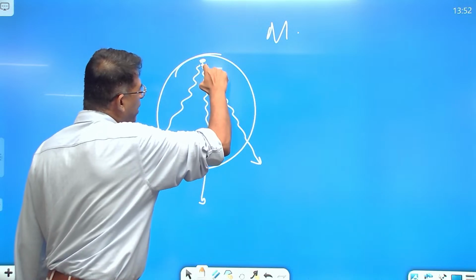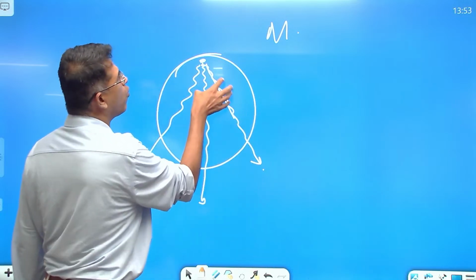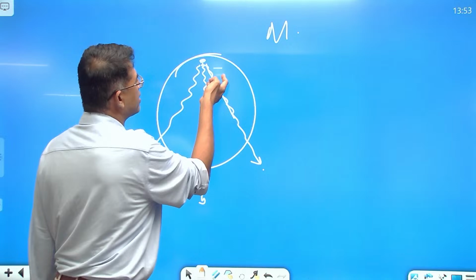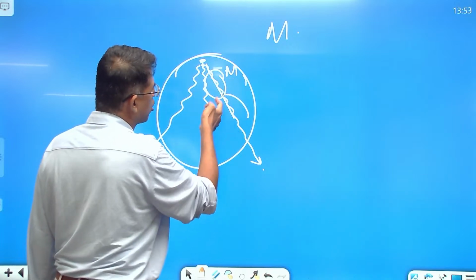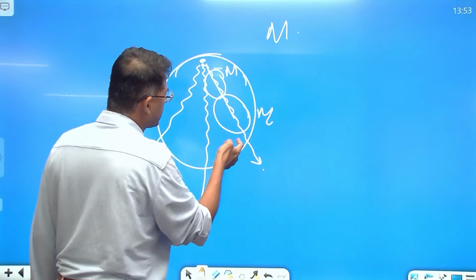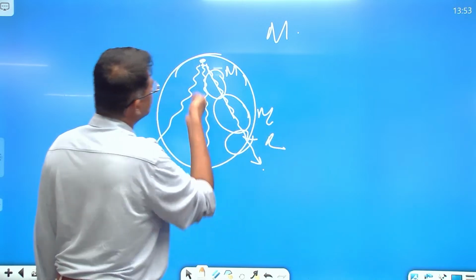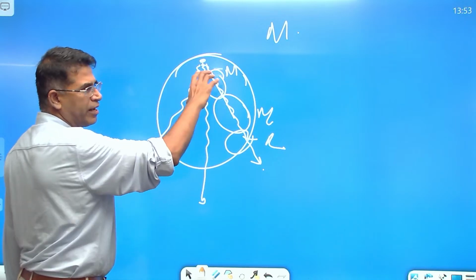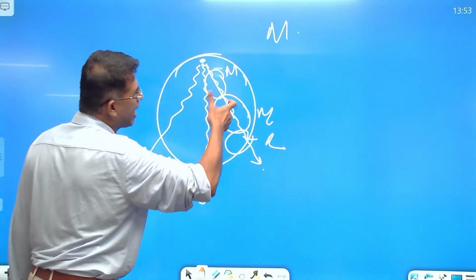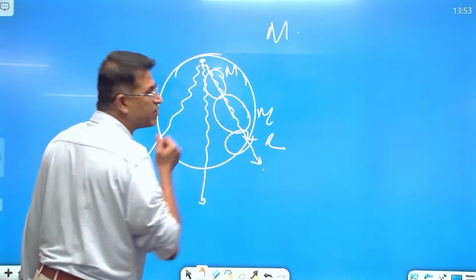And the property of this wave depends on what type of material. So this is called material M1. This is called material M2. Maybe this is called M3. So as the wave passes, the wave property in M1 is different from the wave property in M2, which is different from the wave in M3.